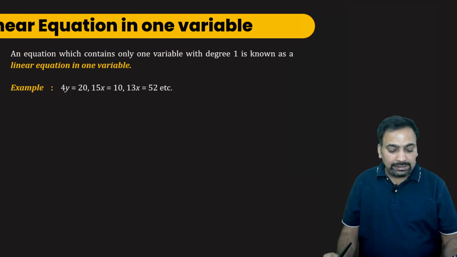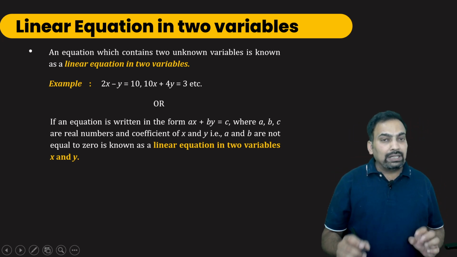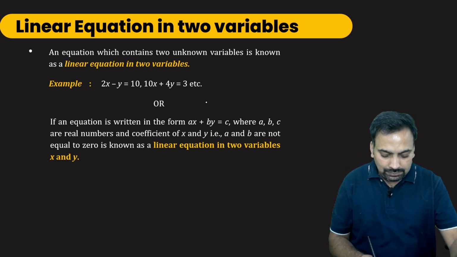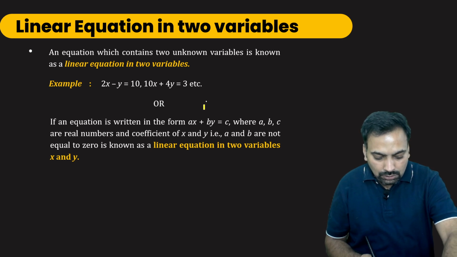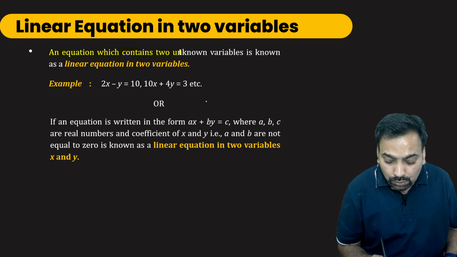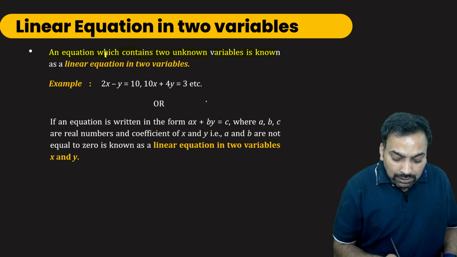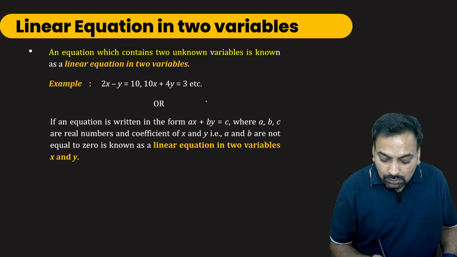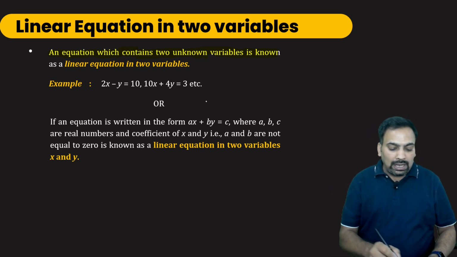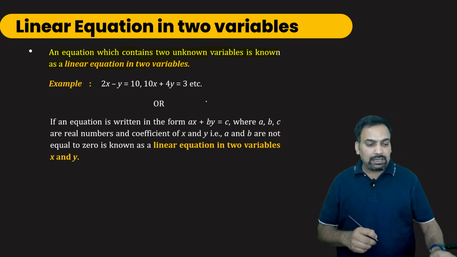Now in class 9 you also learned about linear equations in two variables. Now you understand the equation. An equation which contains two unknown variables with degree 1 is known as a linear equation in two variables.